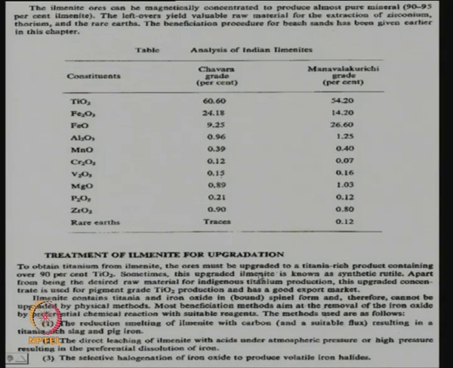Now, apart from being the desired raw material for indigenous titanium production, this upgraded concentrate is used for pigment grade TiO2 production and has a good export market. That TiO2, we have done some value addition.